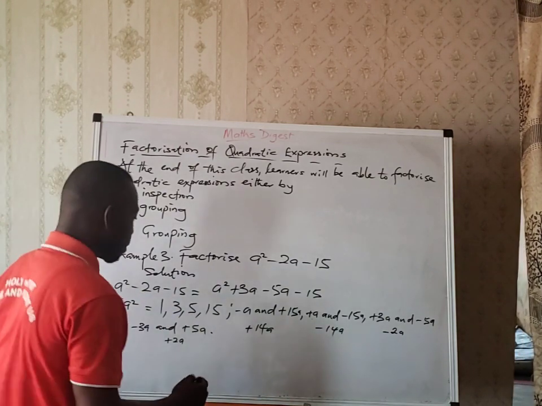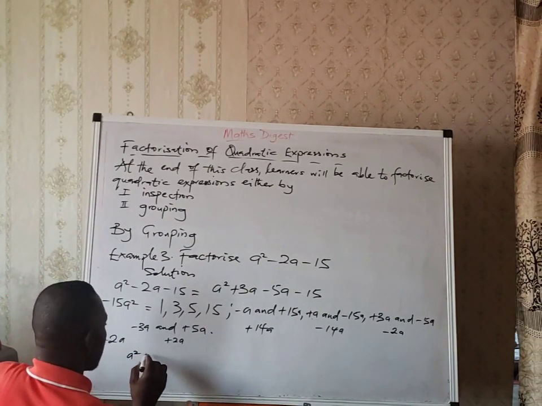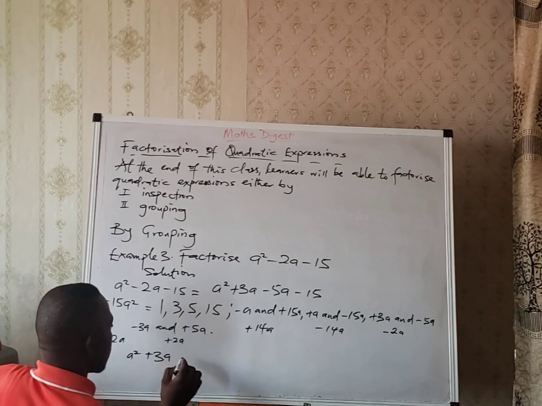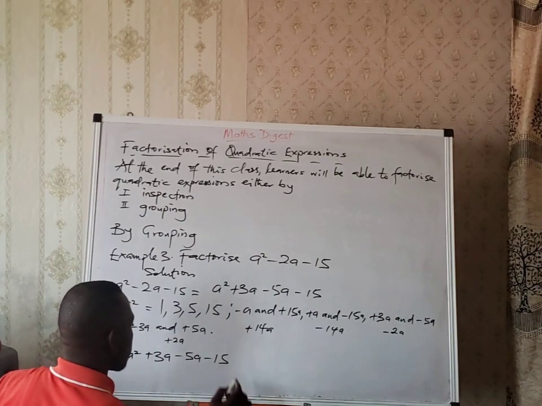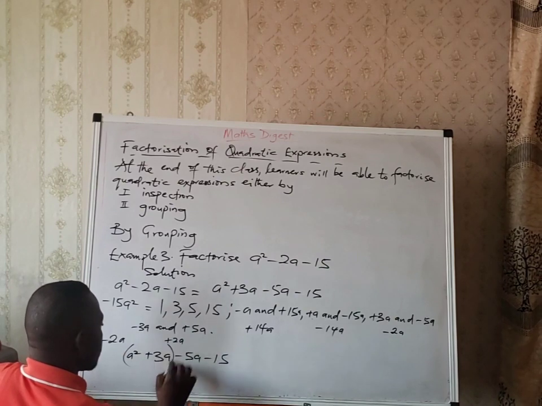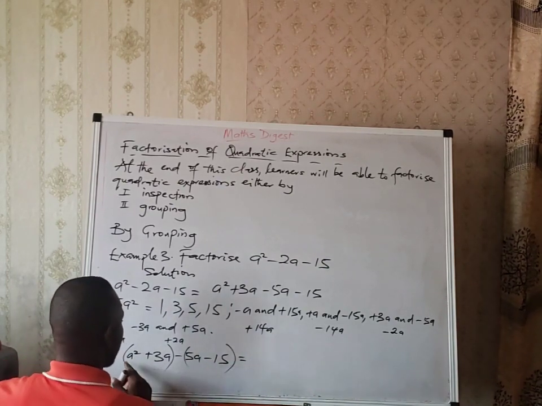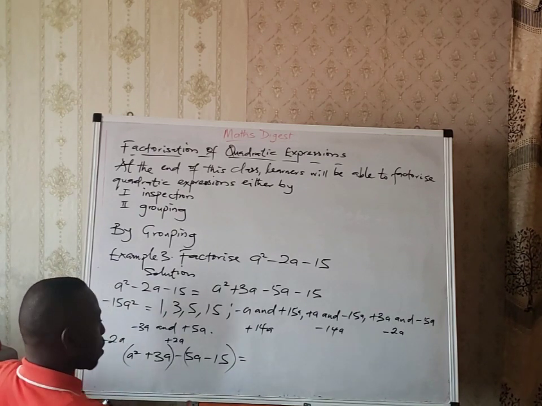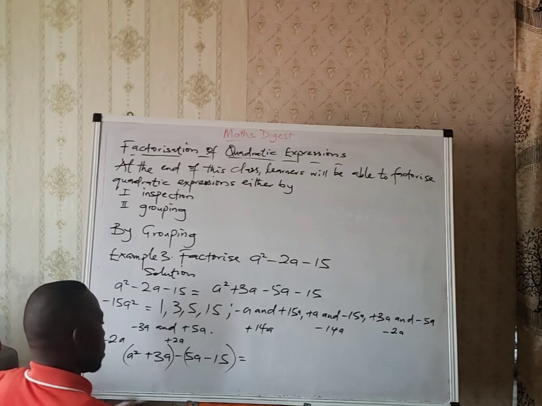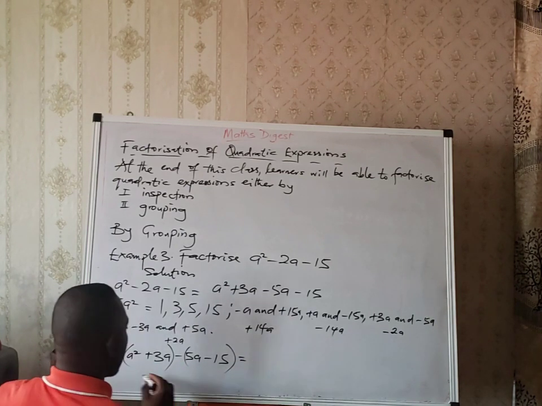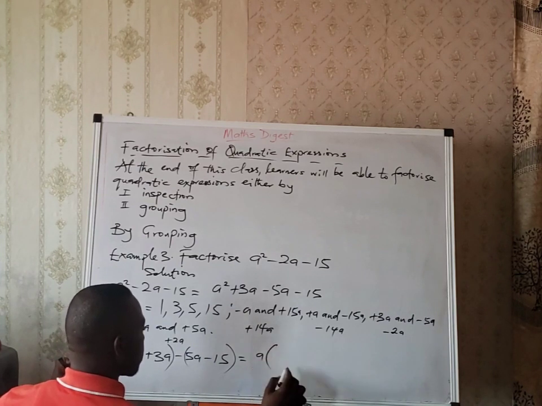Now from here we can further say a squared plus 3a minus 5a minus 15. With this, we group them. When we group them, we find a common factor among them. We have a common here, so we bring it out of the bracket.